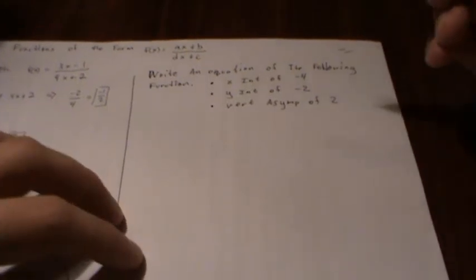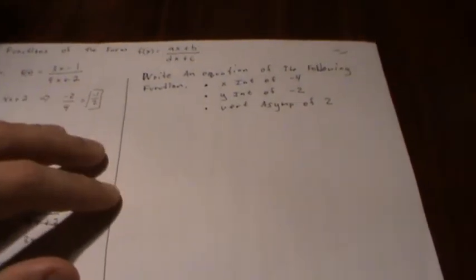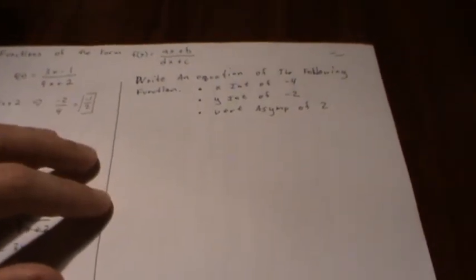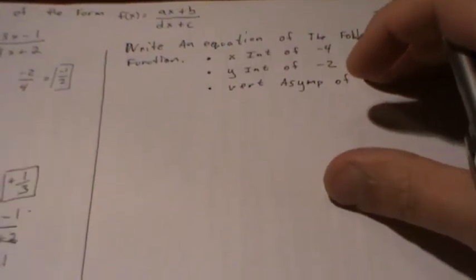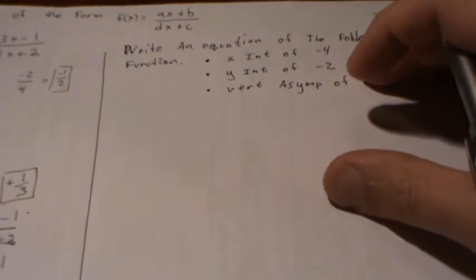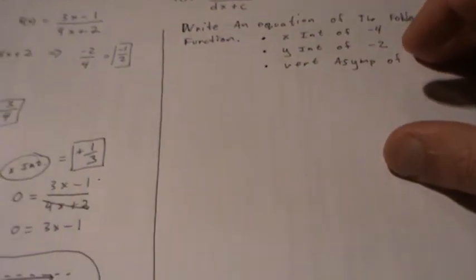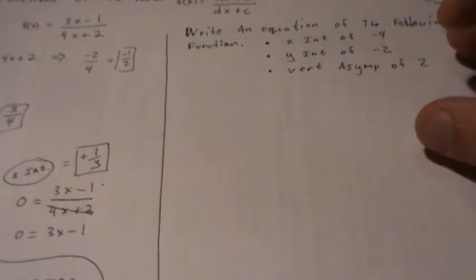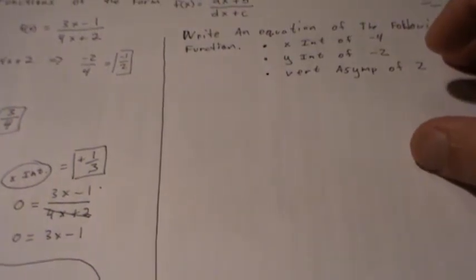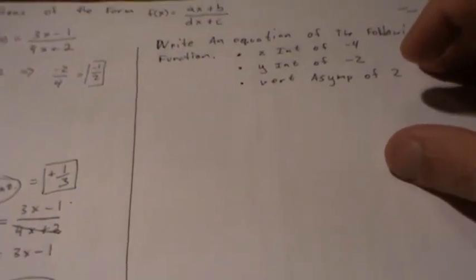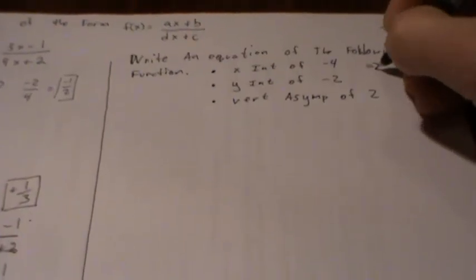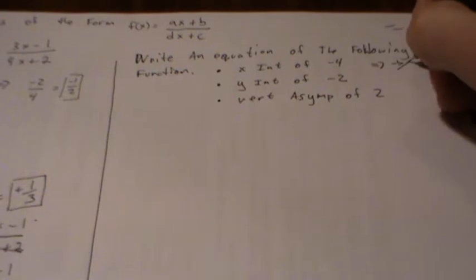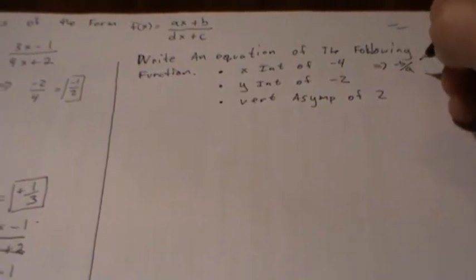Okay, so these aren't as difficult as they might seem. First of all, let's recall our equations. The x-intercept is going to be negative b over a.